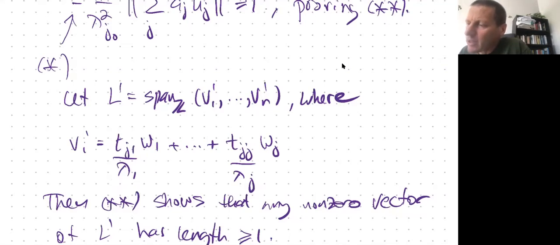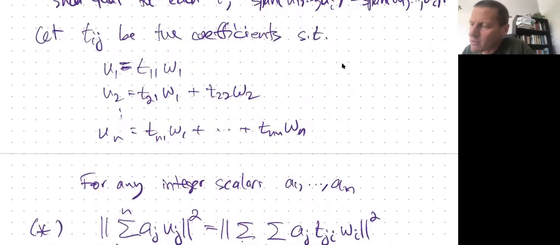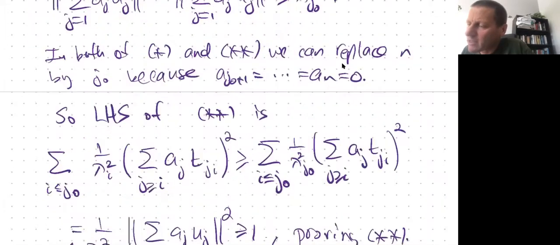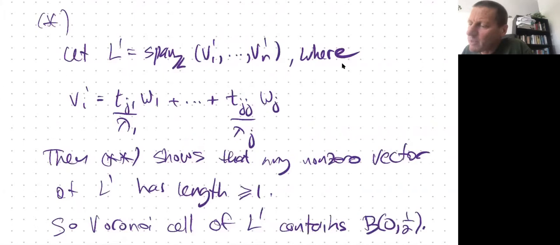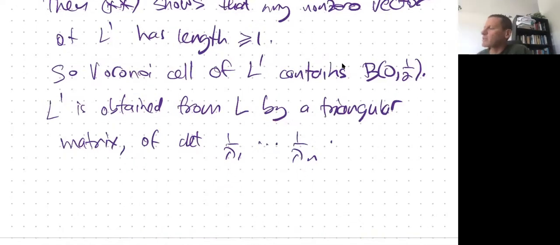It's lower triangular. The linear transformation that expresses the Ui's in terms of the Wi's is also lower triangular. And if you take the composition of those two maps, there's a map taking the Ui's to the Wi's. It's lower triangular. Its determinant is 1 over the product of the tii's. The map taking the Wi's to the Vi's is another lower triangular matrix. Its determinant is the product of the tii's divided by lambda i. So the sum total of this is a matrix of this determinant.